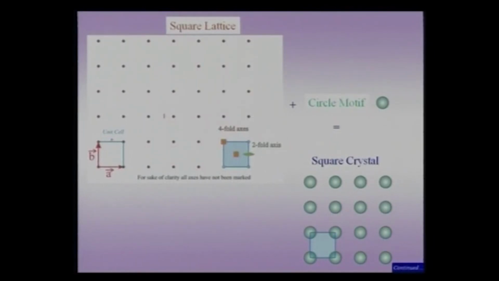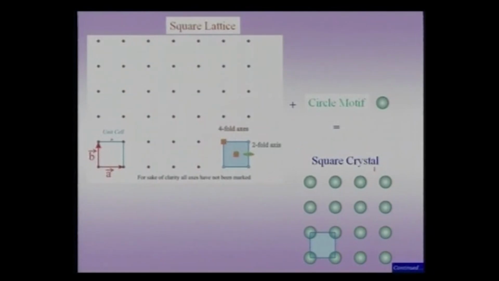Now, how is the crystal? The crystal is the one which is shown on the right hand bottom side of the figure. So, we get a crystal, and the unit cell of the crystal is the one which is marked in blue. Therefore, starting with the square lattice, by putting a circle motif, I get a square crystal as shown here.